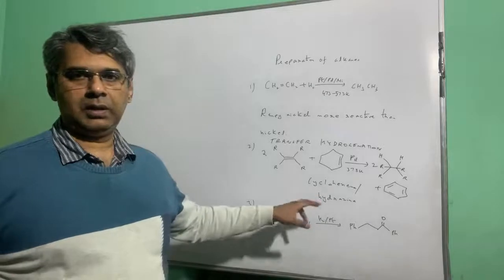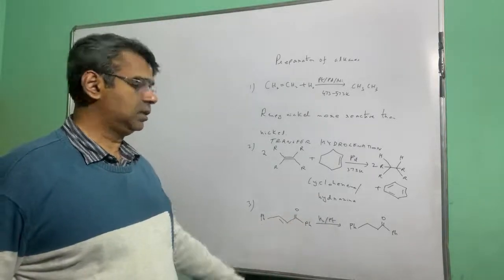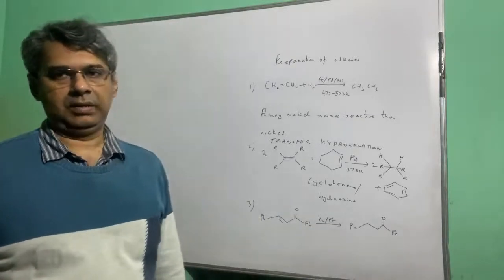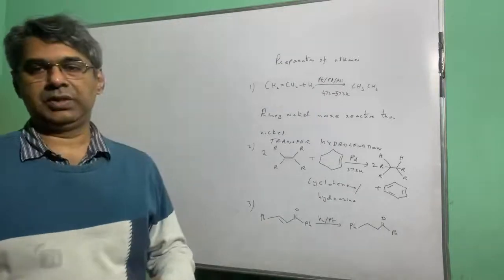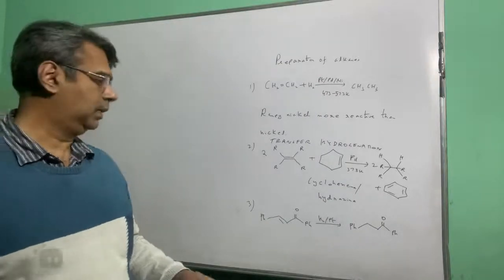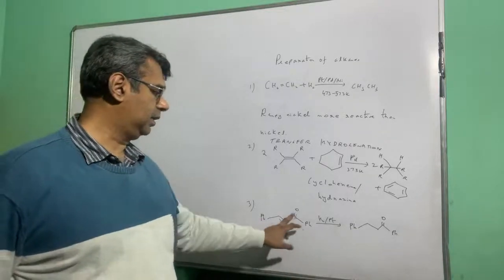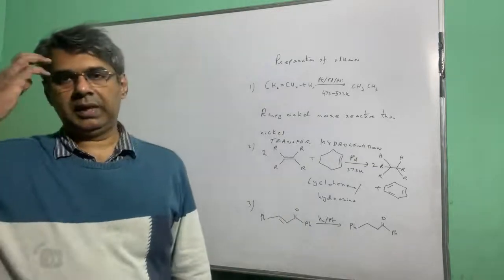Here you have the carbonyl double bond C=O. So these double bonds will not be affected. That is another very important feature of catalytic hydrogenation, that only the unsaturation due to the hydrocarbon will be affected. The benzene ring and C=O will not be affected. So this is reaction number 3.